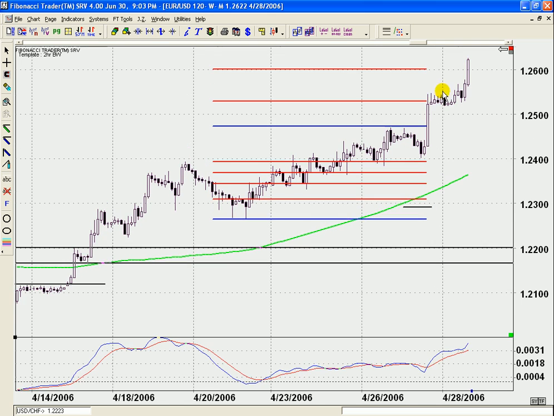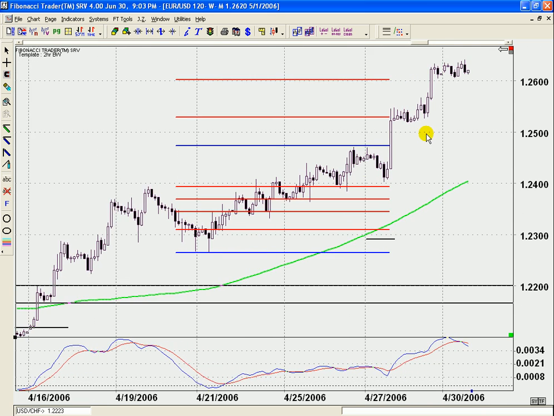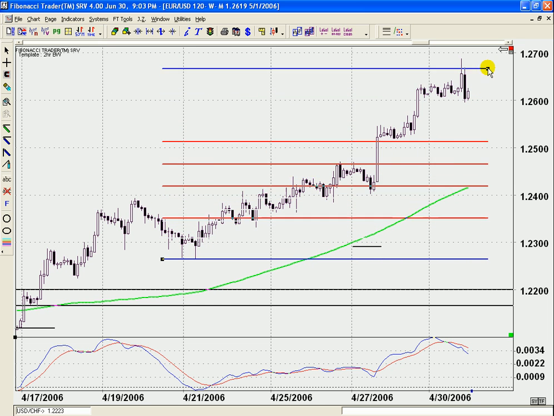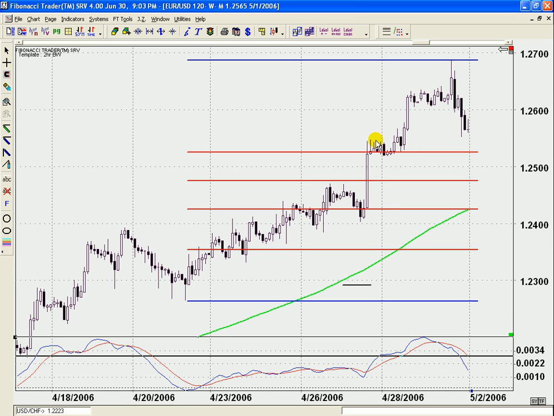And it settles down a little bit, and as the market makes new highs, we can continue to move our Fibonacci levels up on the last reasonable swing. Clearly identifying our levels of support and resistance.